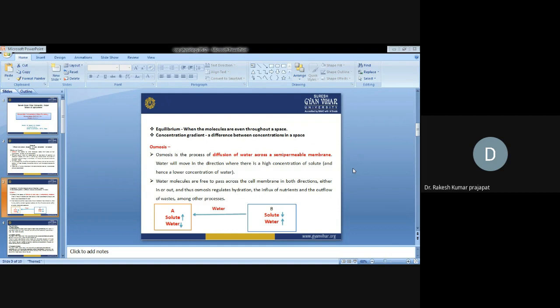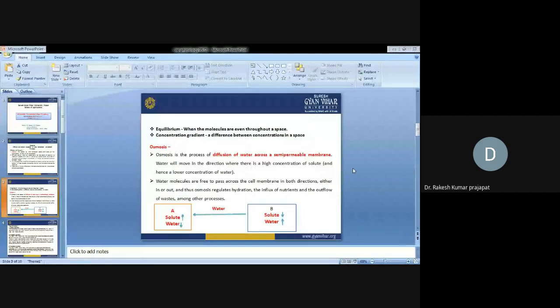Osmosis is the process of diffusion of water. Water molecules are free to pass across the cell membrane in both directions, either in or out.